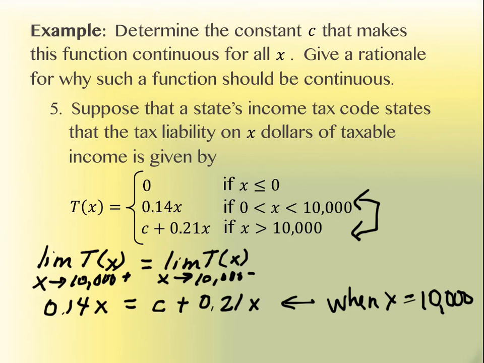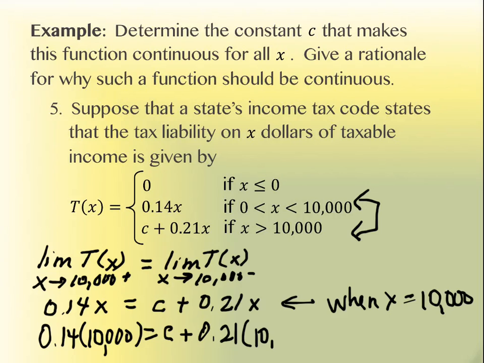So I'm going to plug 10,000 in for x, and notice the only thing I won't know then is the value for C. Can I find it? Sure I can. So what do you get for C?